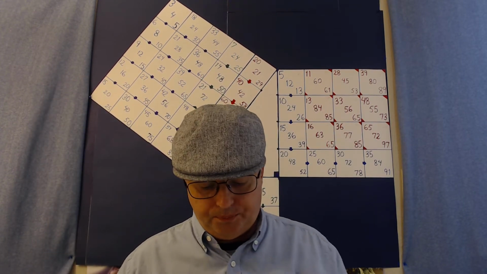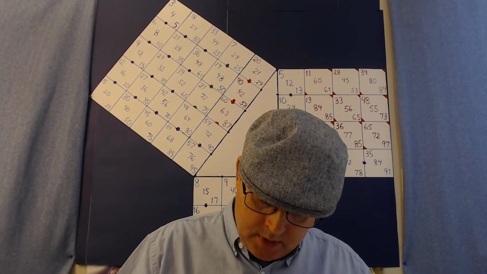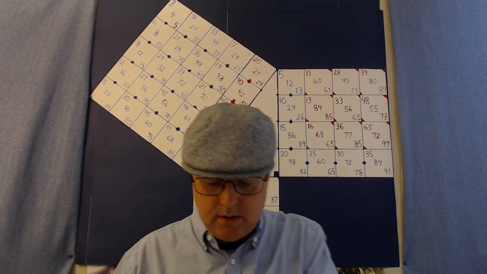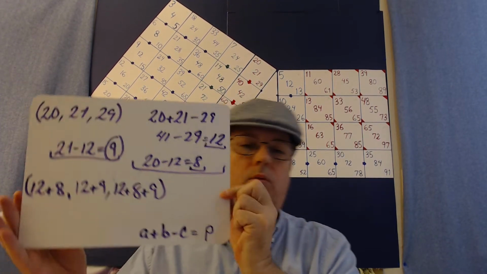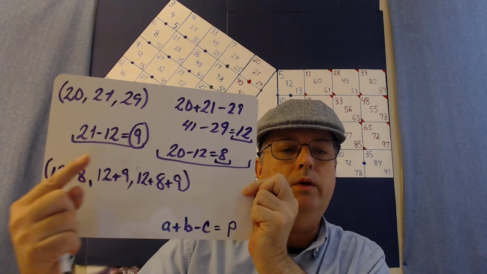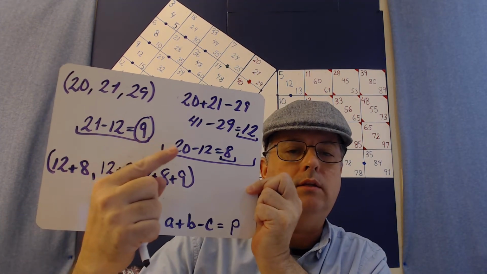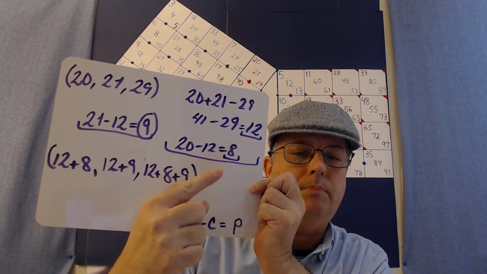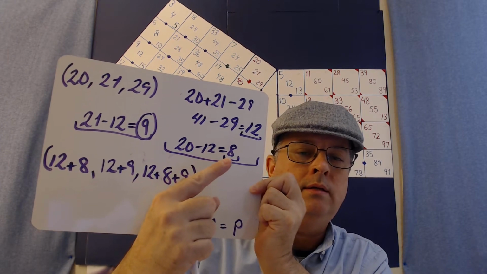And so let's give these values some names. So this a plus b minus c is going to give us this value we'll call p. And then when we subtract the 20 minus that p-value, we get 8.